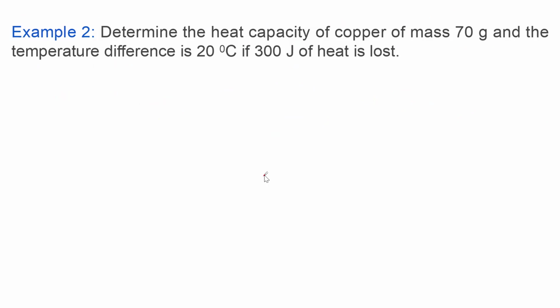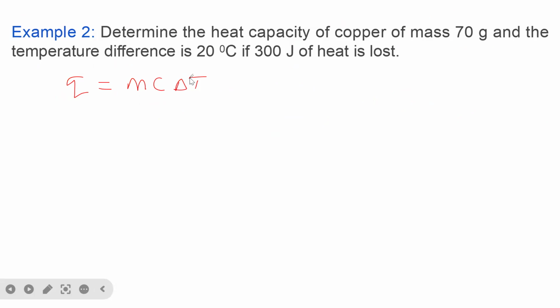And then example 2: determine the heat capacity of a copper of mass 70 gram and the temperature difference is 20 degrees centigrade if 300 joule of heat is lost. So remember, we have the formula that says Q is equal to MC delta theta. What are we trying to get from here?